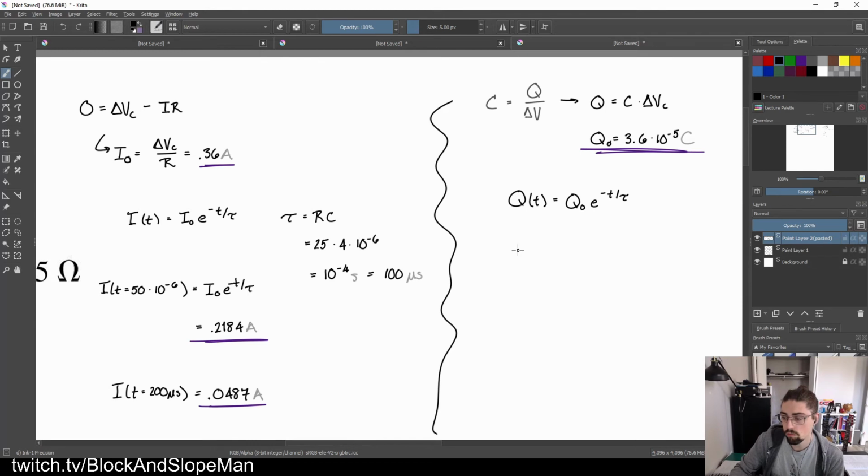In this case, when T is equal to 50 microseconds, we plug in all of our numbers, and what we should find, no matter which way you do it, is 2.184 times 10 to the negative 5th coulombs.